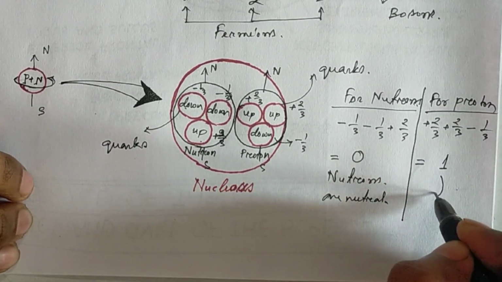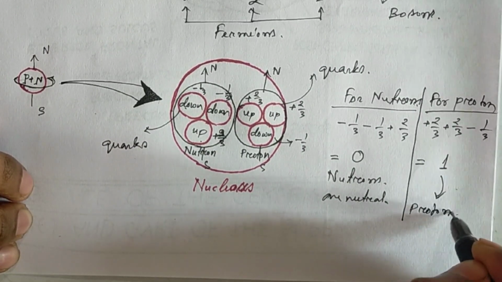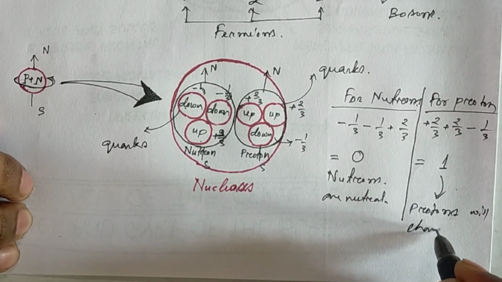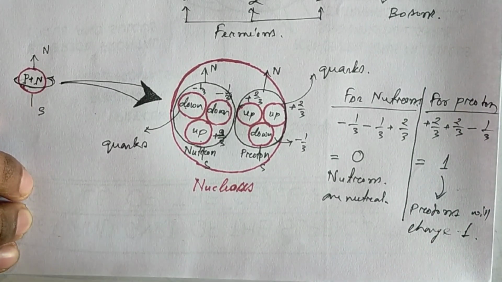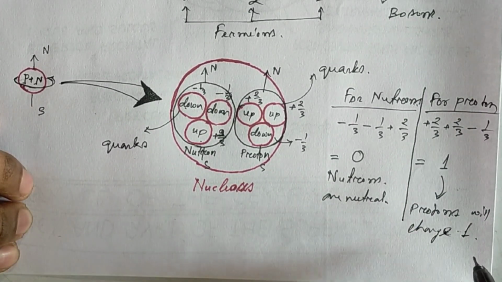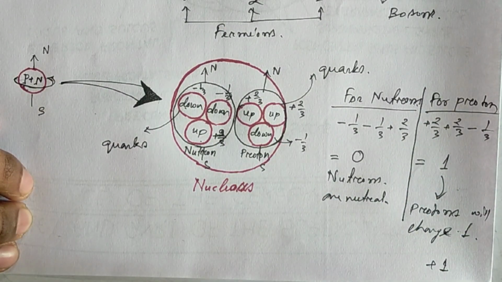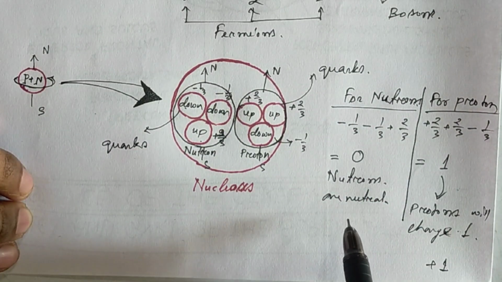That means protons will have charge 1. That's why we write +1 for protons, and we say that neutrons are neutral.